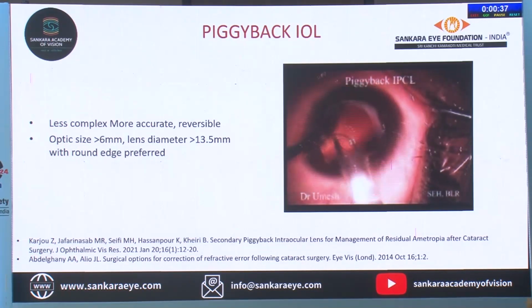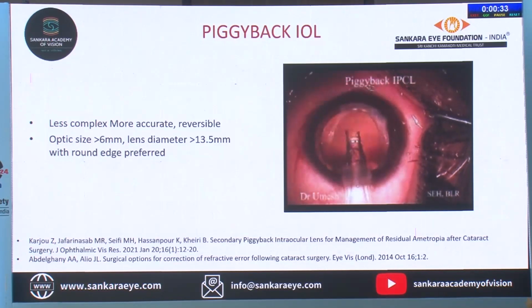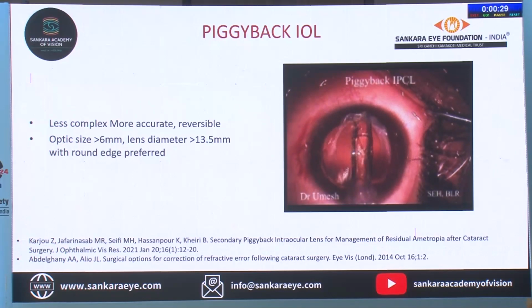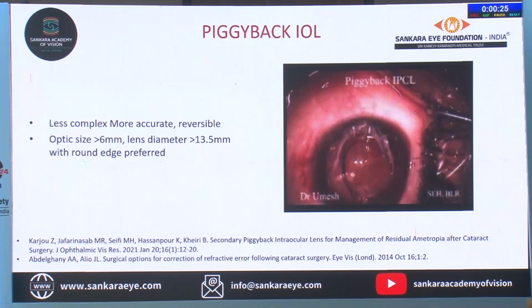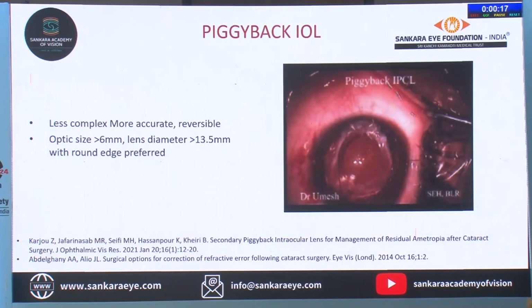I used an implantable IPCL in that, and they're doing well. The other advisable ones are the sulcoflex lenses, and that patient is doing well. These are only select indications. If the patient is really motivated to get the correction, you can go ahead and try these things.